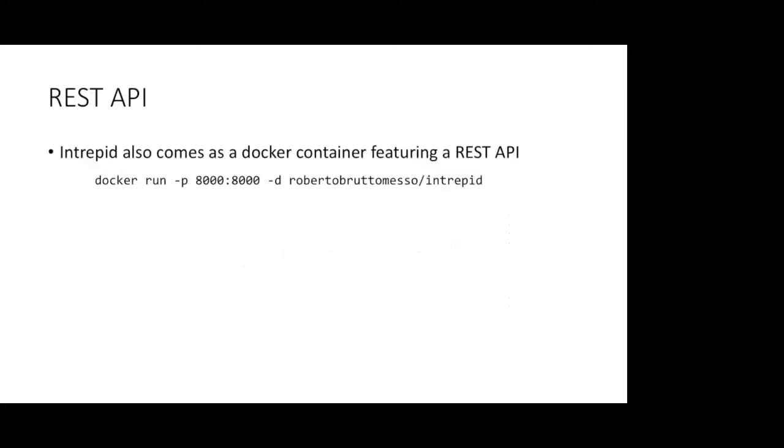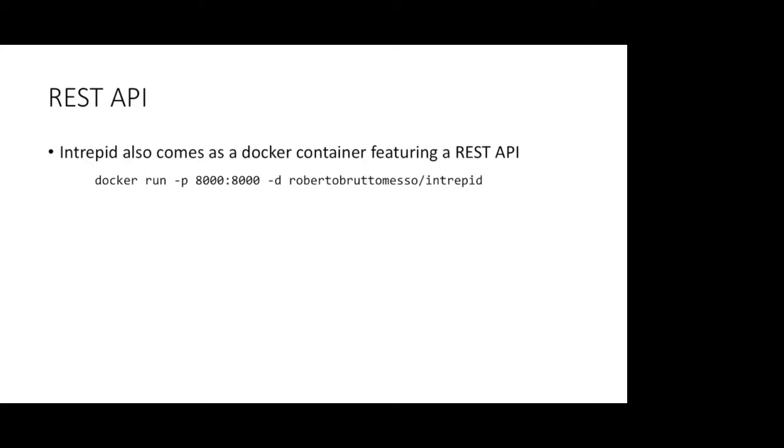One last word is about the REST API. So far, I have shown you Intrepid in terms of Python scripts, and that's the main application of the library. But you can also run Intrepid as a standalone container using the famous Docker program.